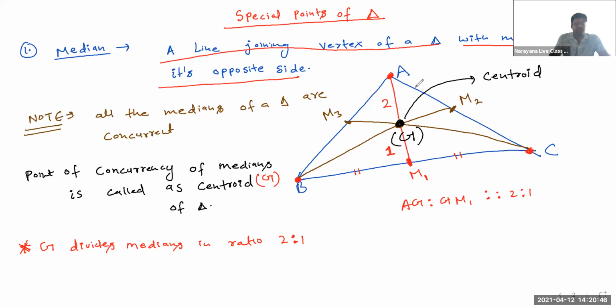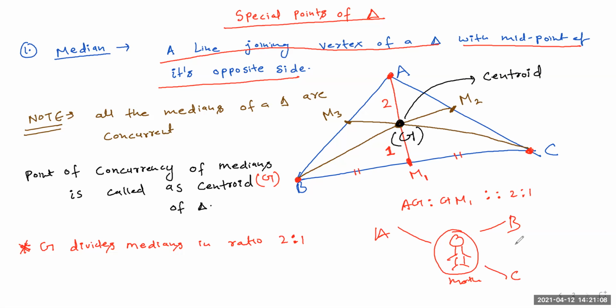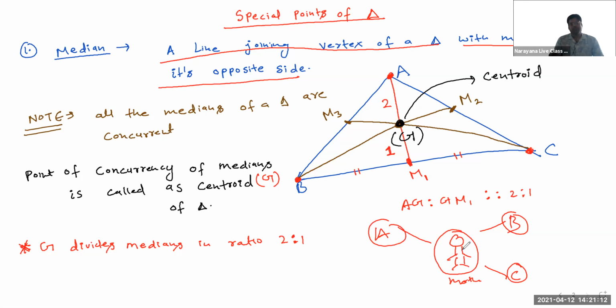Because none of A, B, C is special for G. By an analogy, let's say G is the mother and A, B, and C are her three children. All the kids are equal for this mother.